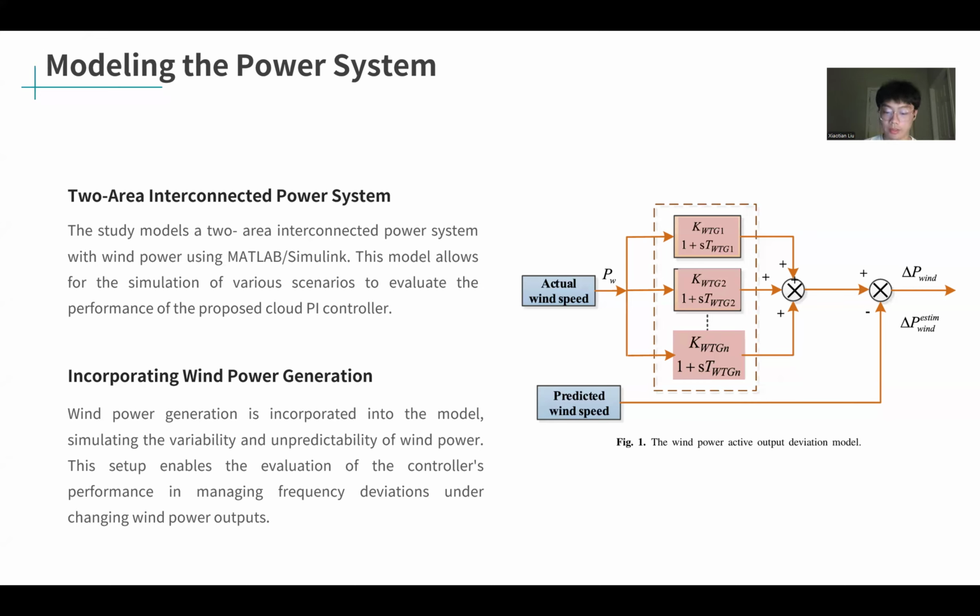Each wind turbine or group of turbines is modeled with a transfer function like this, where K_WTGi is the gain factor of the ith wind turbine or turbine group. T_WTGi is the time constant representing the response time of the turbine system. And s is the Laplace variable representing frequency in the Laplace domain.